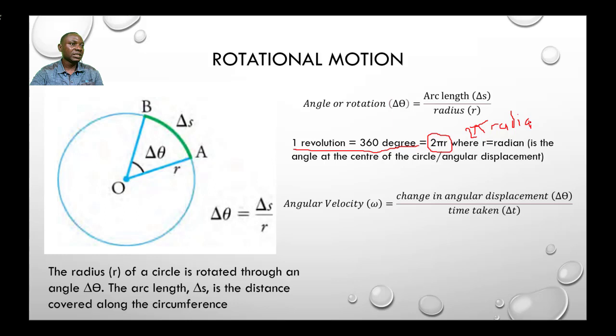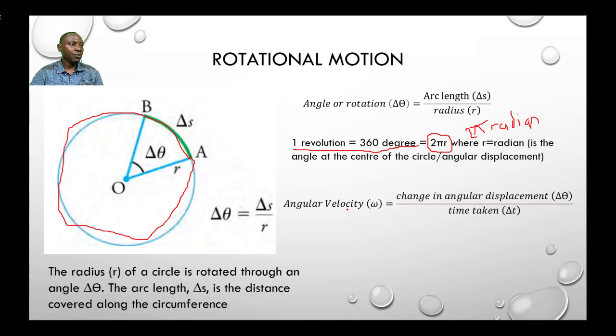So when you are seeing a circular motion from a beginning, let's say the beginning is A and it moves round and comes back to A, it has done one revolution, and that is 360 degrees, and it is also called 2 pi radians. So now when you want to calculate angular velocity, you know that velocity in linear terms is distance over time, right?